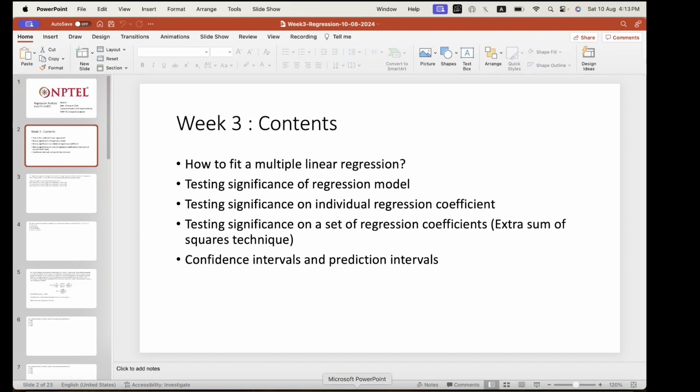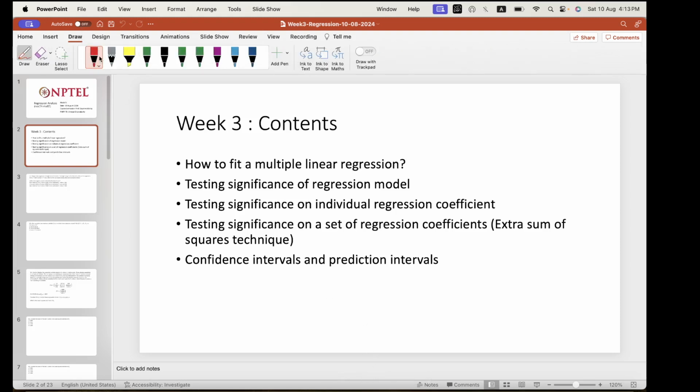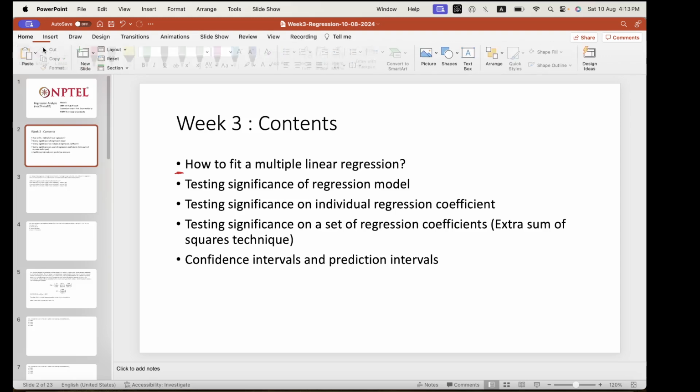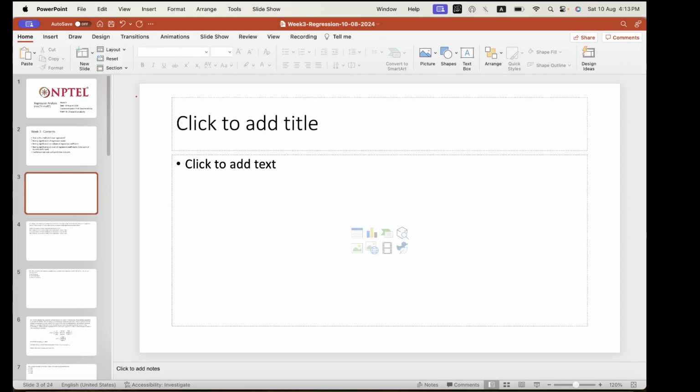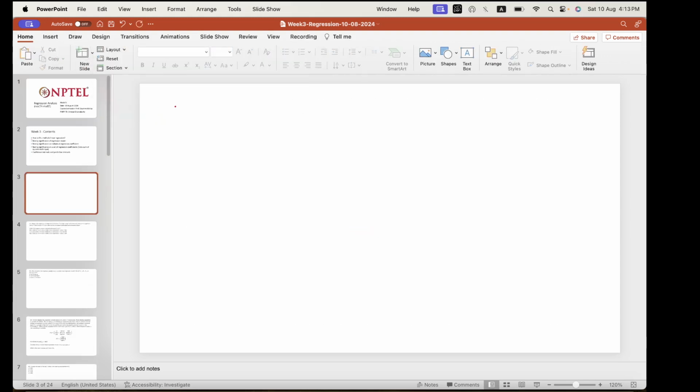Okay, so the first question, as always, is how do we fit a multiple linear regression? So here again, how do we fit a multiple linear regression? The problem is to fit a multiple linear regression.